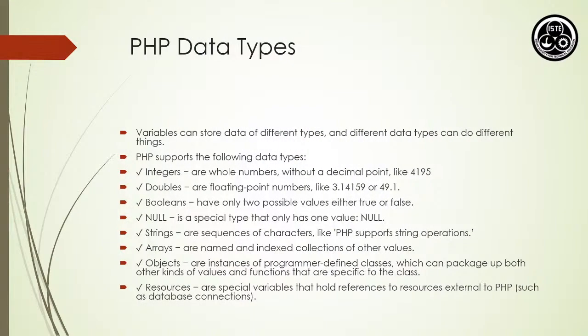Yeah, the PHP data types. In PHP we have so many data types, like integers, as you know, without decimal points, and doubles, which are floating point values, meaning the fractional ones, and booleans, which have two values, true and false. Booleans are used in conditional statements, which we will discuss further. And null means if you are not assigning any value, then you can assign it null.